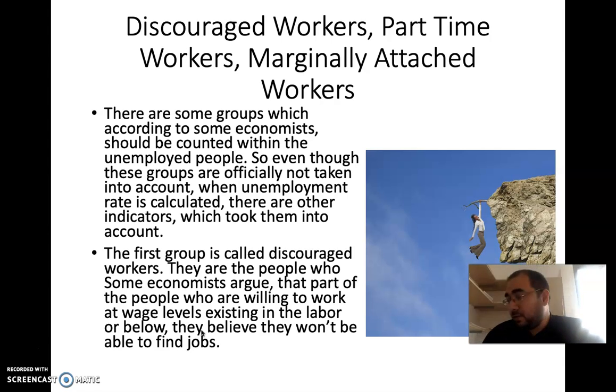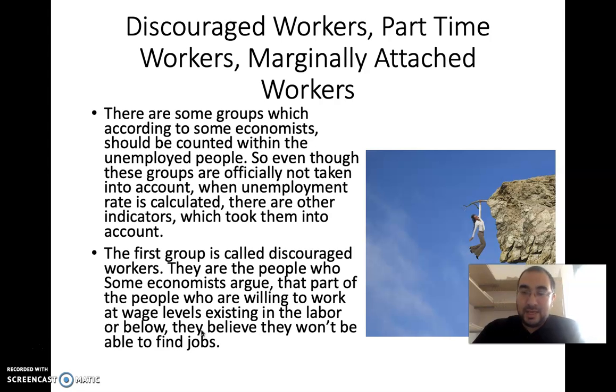So we have already discussed that there are different groups: discouraged workers and the marginally attached group. The marginally attached group are people who find jobs occasionally, a weekly job maybe, then they stay for 3 weeks unemployed, then they find another job for 2-3 days, then again stay unemployed.